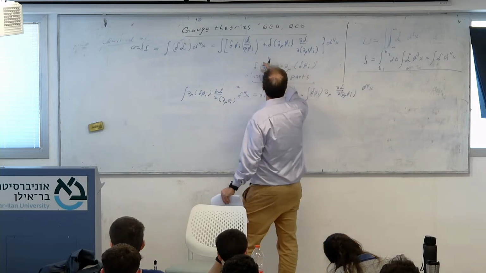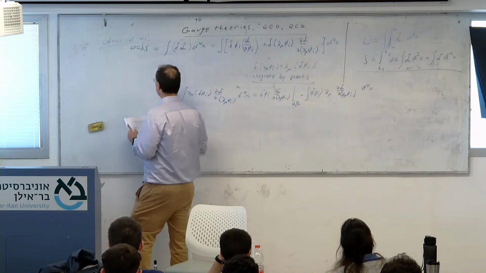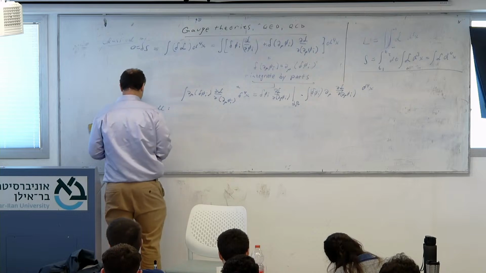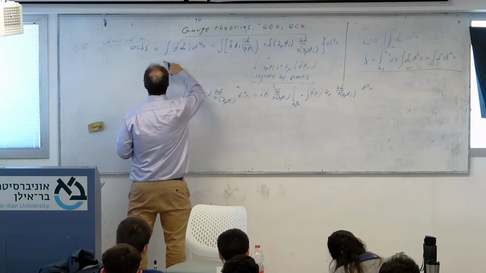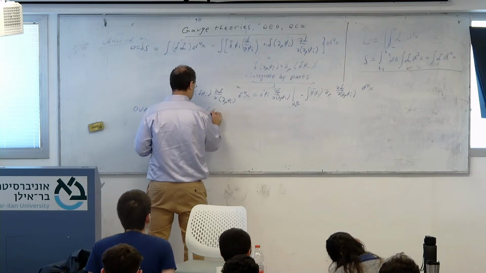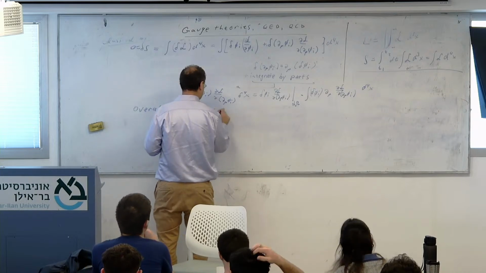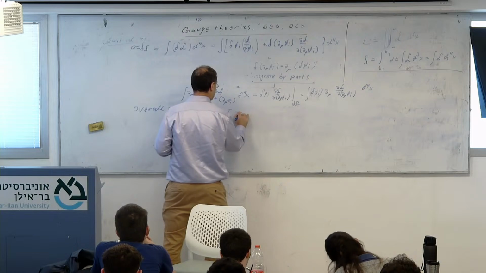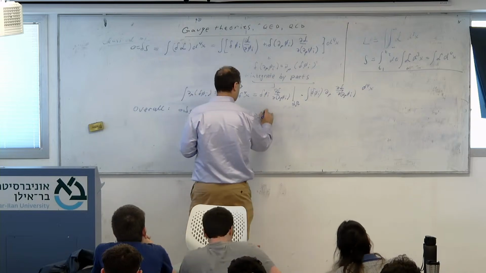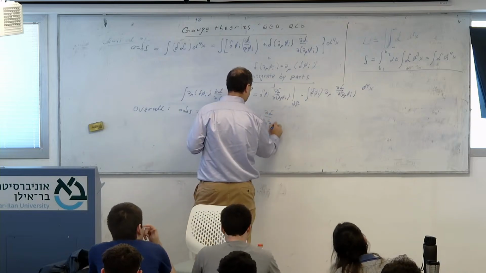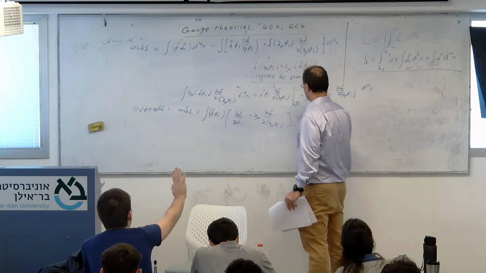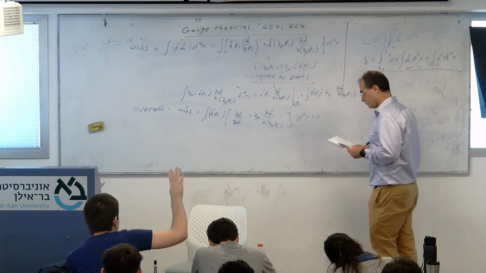That means that if we take all that together, combined, overall we have the integral of delta S equal to 0, which is the integral of delta phi_i times dL over d phi_i minus d_mu dL over d(d_mu phi_i), d^4x, equal to 0.